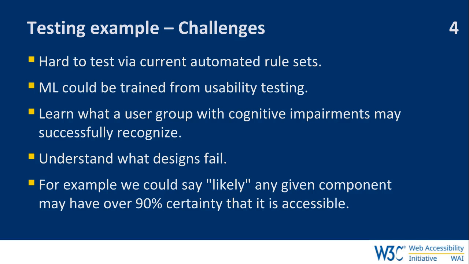So the advantage of machine learning here is that the algorithm could be trained on what people have found usable and recognize straight away, and learn what for this user group is considered recognizable and what's not recognizable. And we could introduce a certainty component, such as if we say something should be likely, it's over 90% certainty assumed that it's accessible.